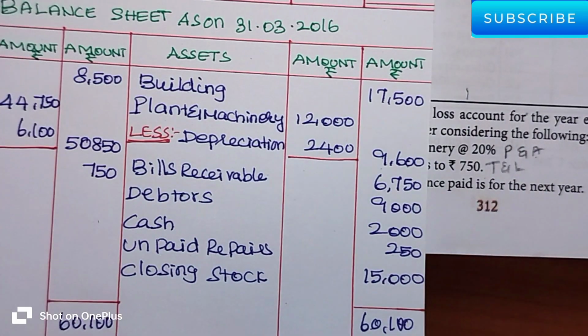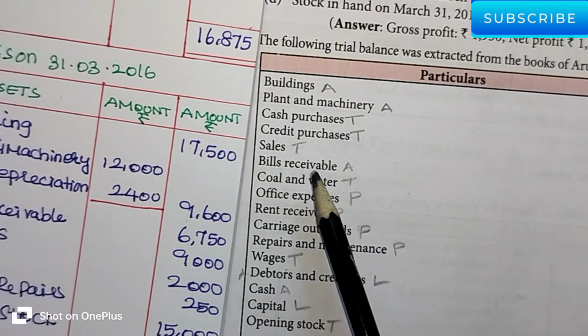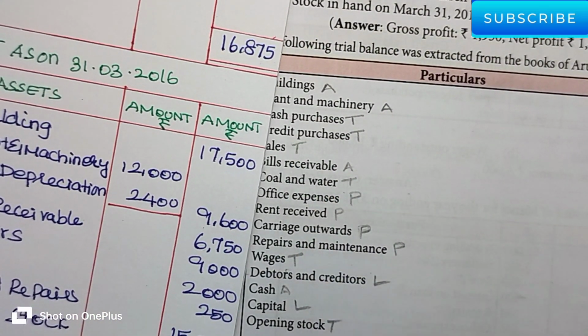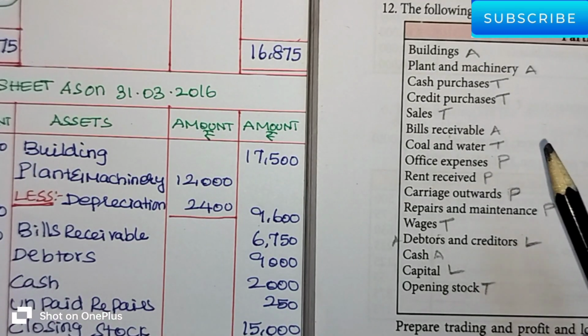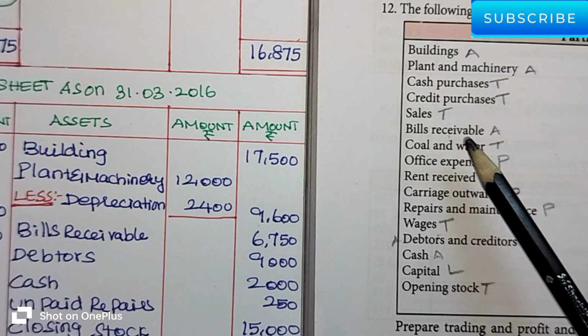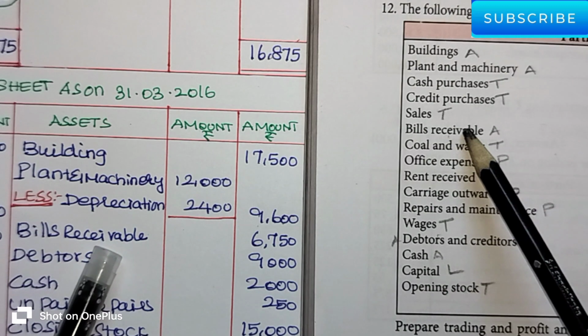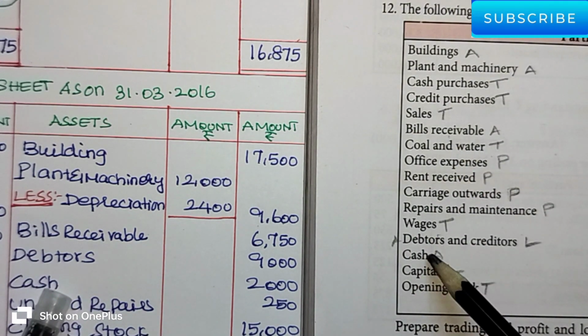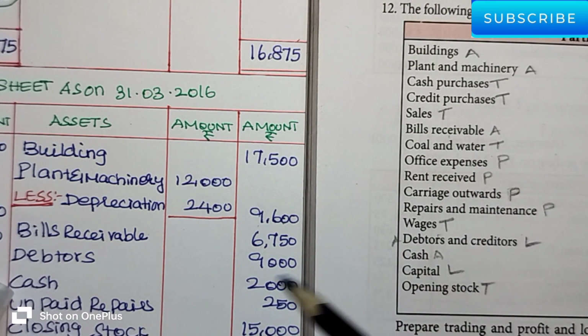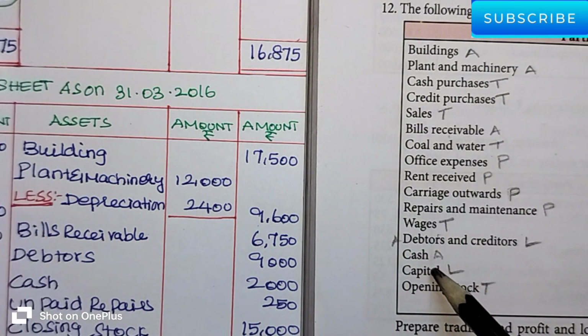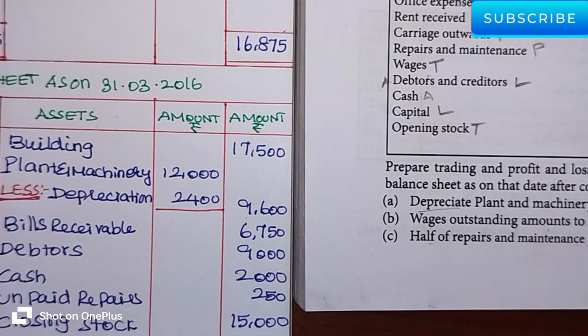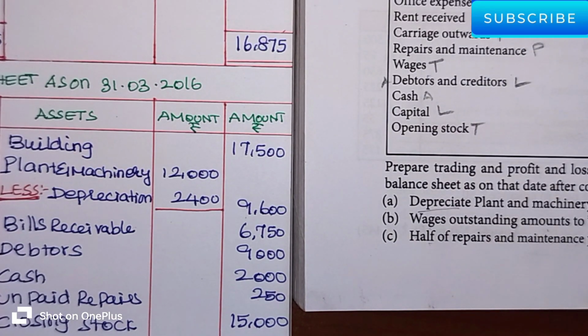Then bills receivable goes to the asset side. Then debtors and cash respectively go to the asset side of the balance sheet. Then unpaid repairs, listen, half of the repairs, 250 rupees, appears in two places.